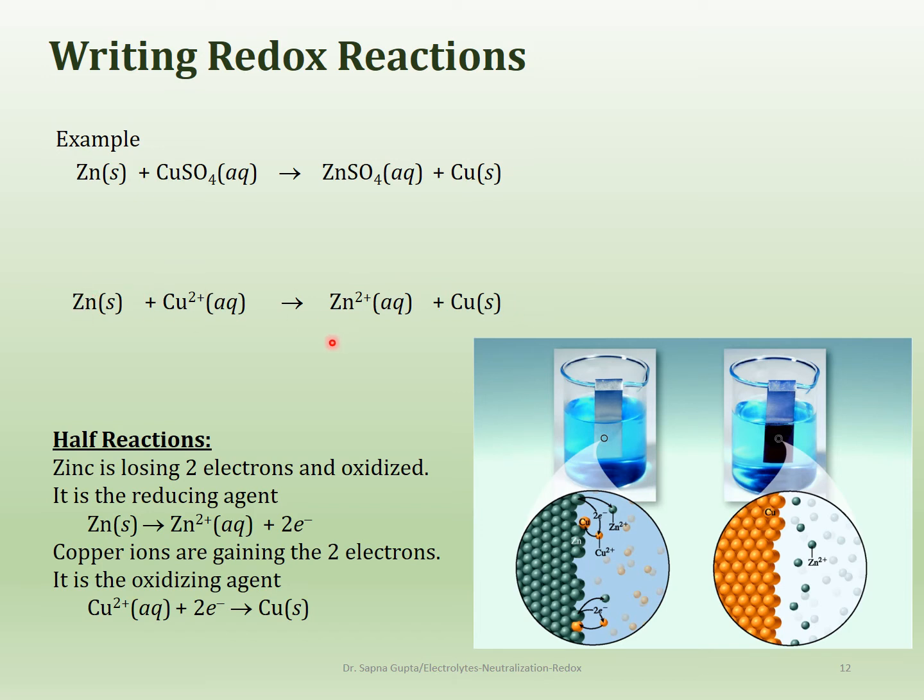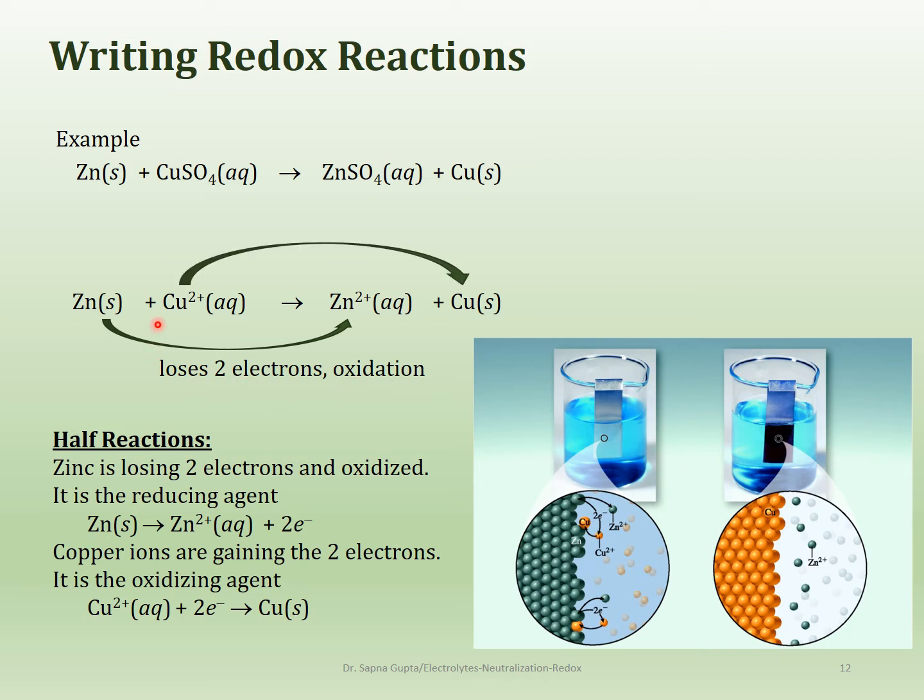Now let's look at this equation and see what is getting oxidized and what is getting reduced. Zinc here goes from zinc to zinc 2+. Here zinc was elemental, which means that it was neutral, no charge whatsoever. But now it is zinc 2+, so it has lost 2 electrons. If it loses electrons, this is an oxidation process.